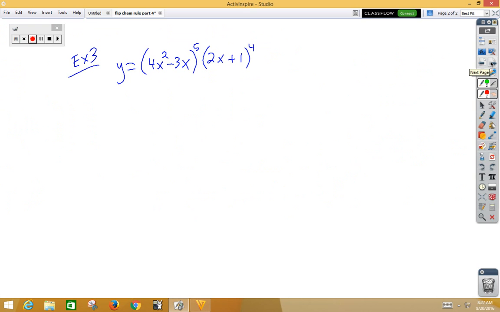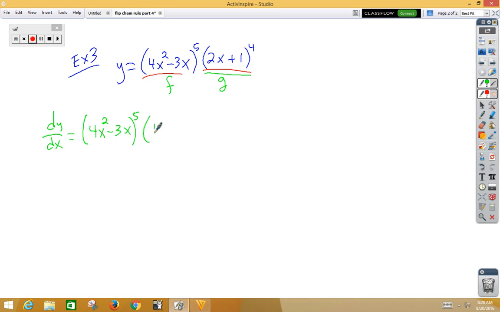In our last example, again we have a product rule, f and g. This time both of those functions are chain rule problems. So dy/dx is equal to, we have our first function, 4x squared minus 3x to the fifth power, multiplied by the derivative of the second function.